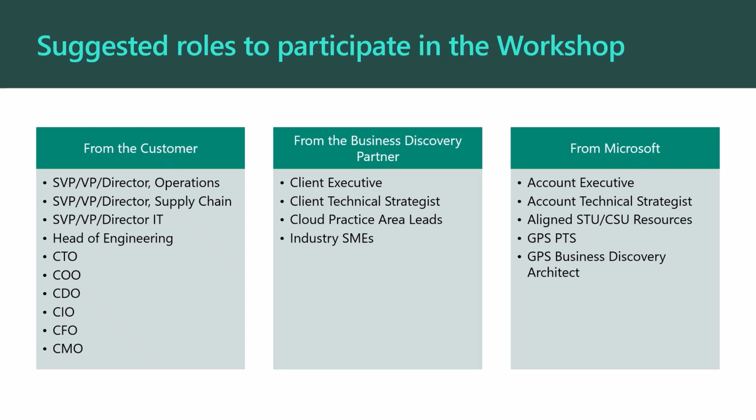This could be useful when you're not sure where the conversation may go with a customer, and you have, let's say, your Azure person and you have a data person, but you think it may go into modern work, or you think there's an opportunity that it might go into business apps, and you don't have a lead in that area. That's where Microsoft can help supplement the team on your side for performing the workshop.